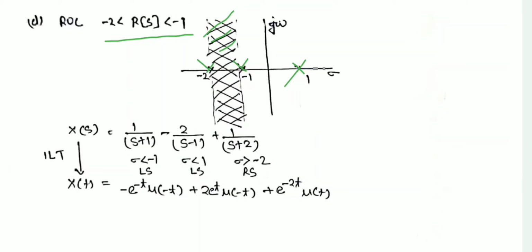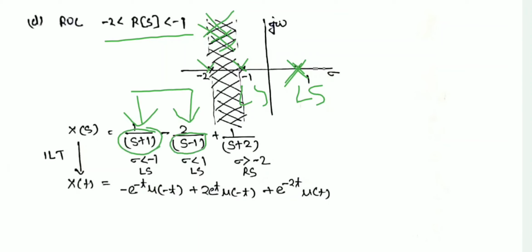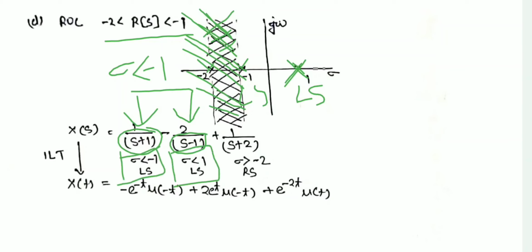Starting from these signals, the first two are left sided, having the common ROC sigma less than minus 1. Both the signals with poles at minus 1 and 1 have left sided ROC, and accordingly we get the inverse Laplace transform.